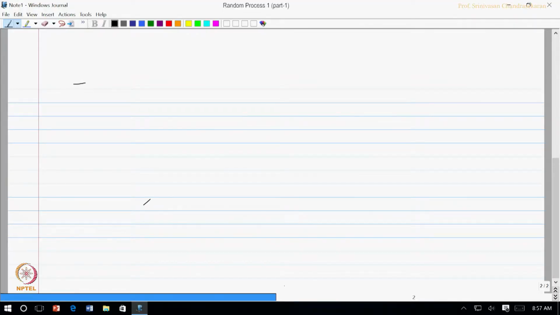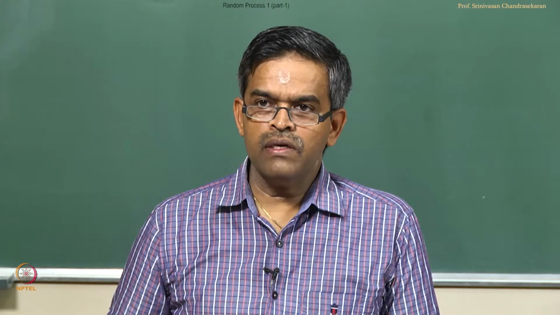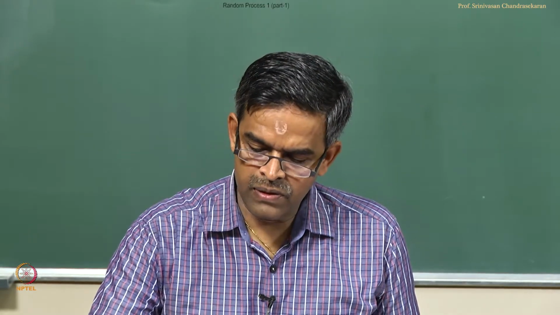So, let us make a statement reinforcing the fact that offshore structures are exposed to various environmental loads which can be modeled as a piecewise stationary process. Now, we need to understand what is a stationary process.